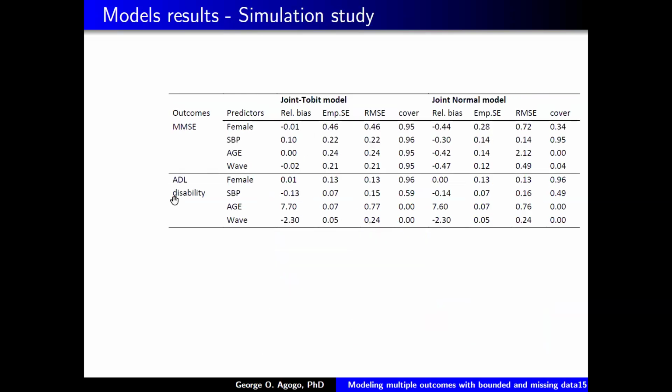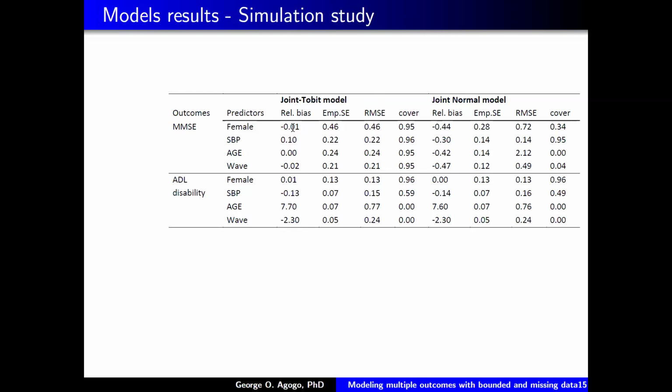Now, these are the results from the simulation study. For the simulation study, we again see that if we assume a normal distribution for MMSE score, the effect estimates are less precise compared to when you assume a Tobit distribution.